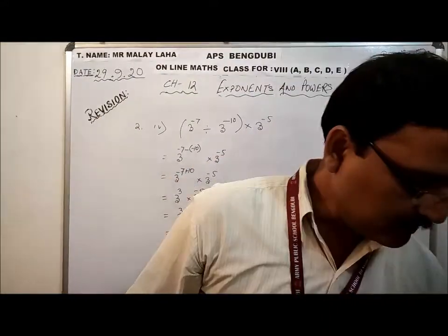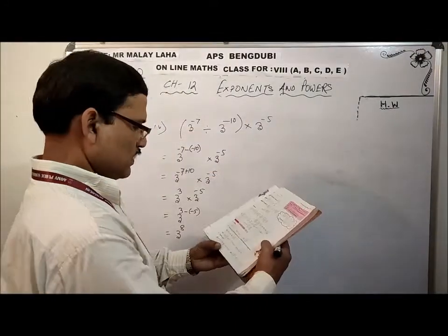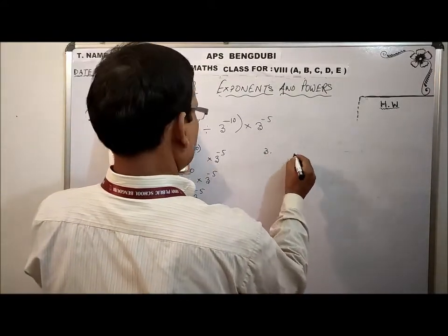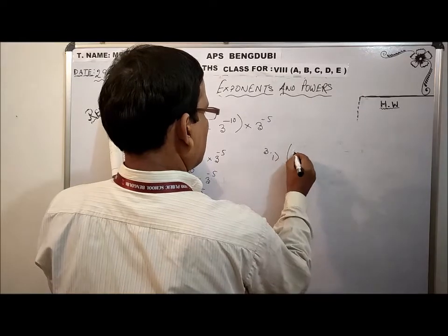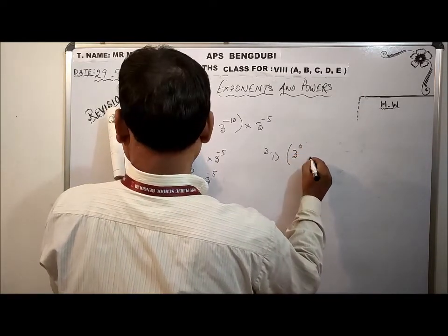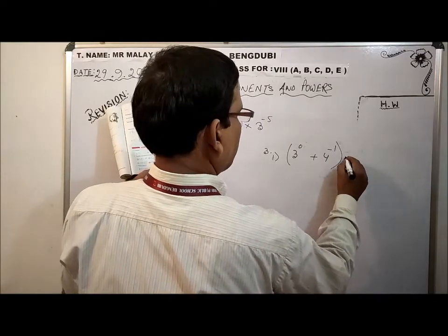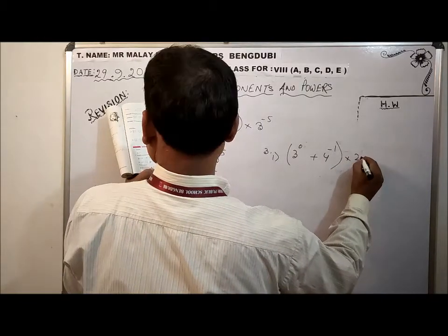Very important. Now coming to the next question, zero exponent. I cannot solve all the questions. Part 1: 3 raised to 0 plus 4 raised to minus 1 multiplied by 2 raised to 2.